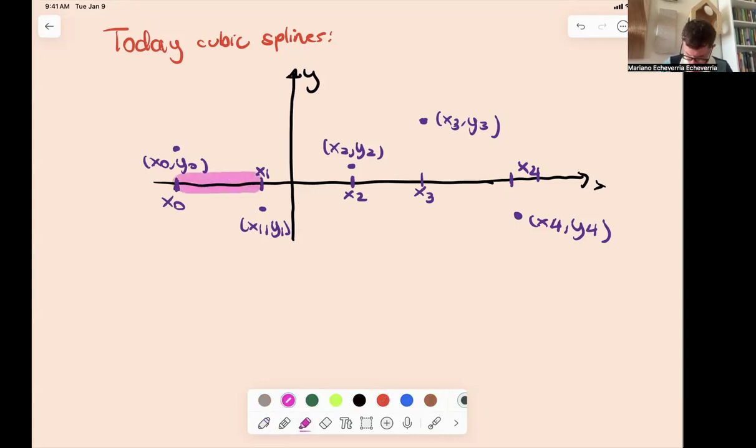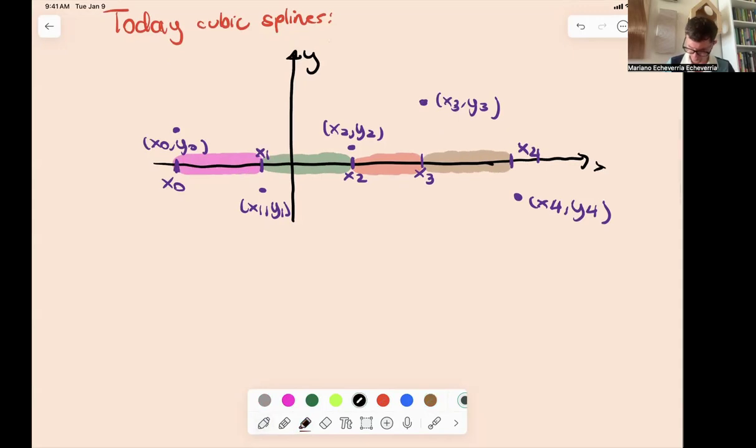So this is the first interval. This is the second interval. This is the third interval. This is the fourth interval. Okay. And so the idea of the splines is that you are trying to find on each interval, let me write it down. So here's the goal.